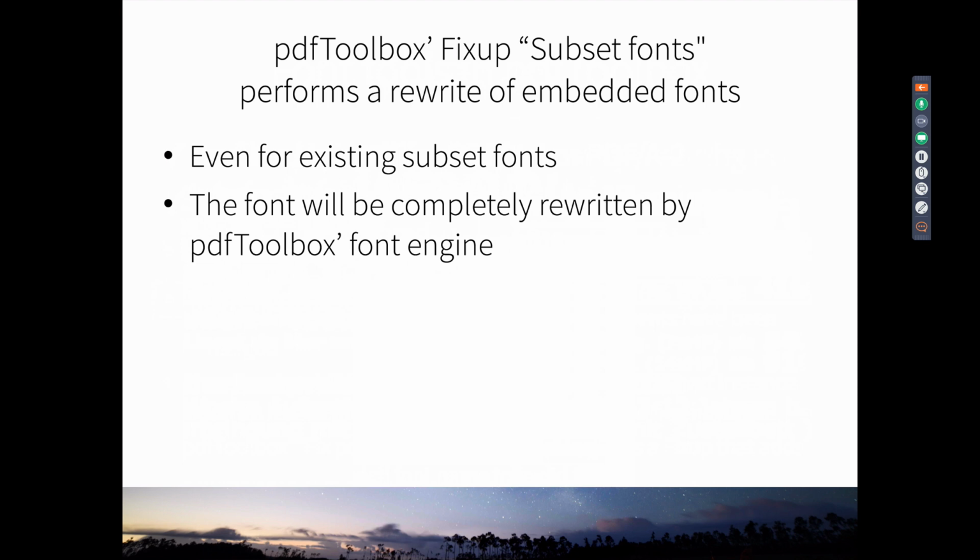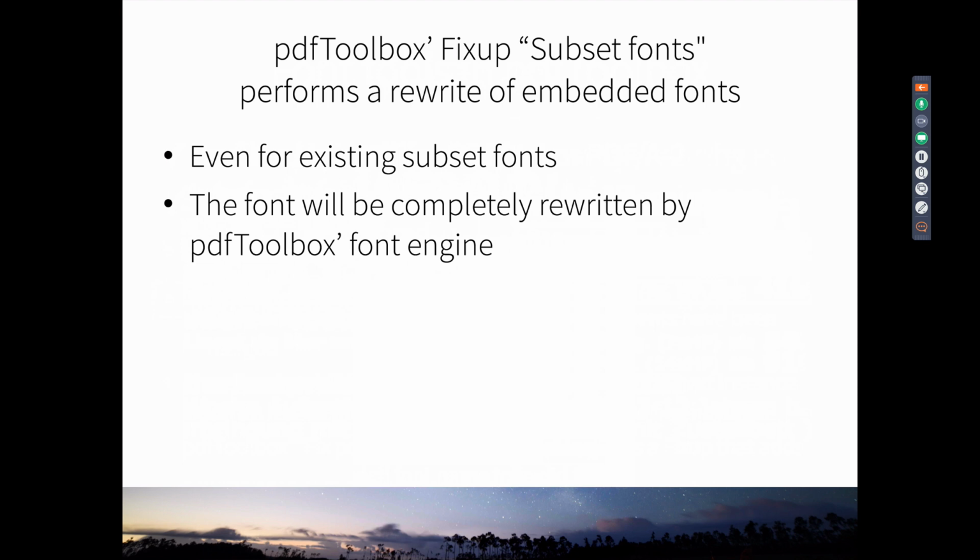Anyhow, subset fonts. I think we already mentioned what a subset font is, but you can use the fix-up subset fonts. So you should all know what a subset font is. If you ask pdfToolbox to subset fonts, it has to look in the page description, find out what glyphs are actually used for the font, and then look into the font, whether all glyphs are there, and if some additional glyphs are there, get rid of them.